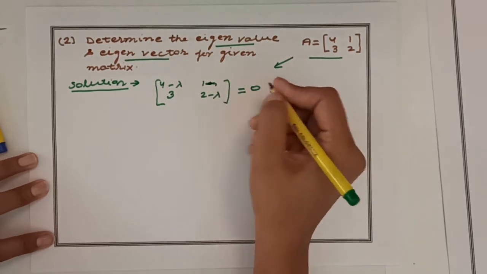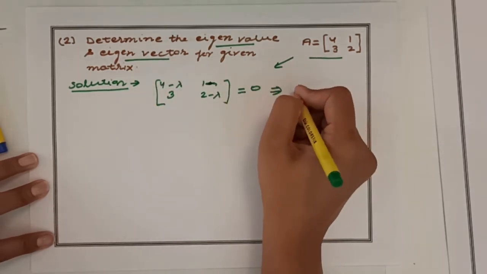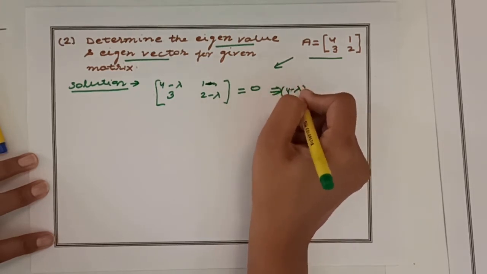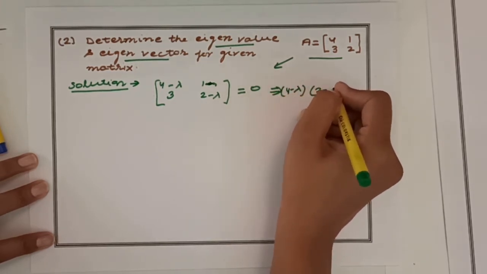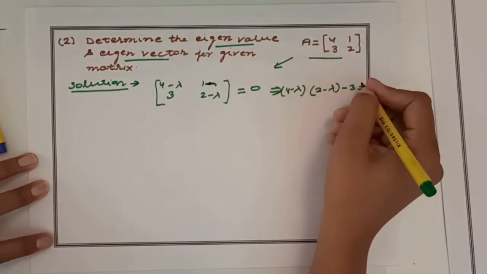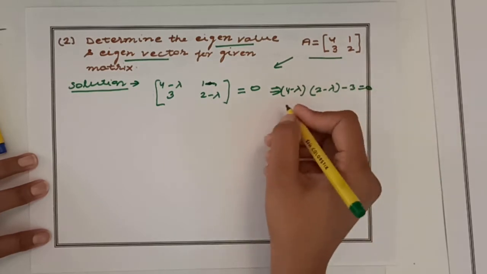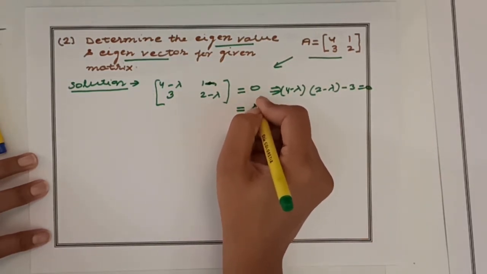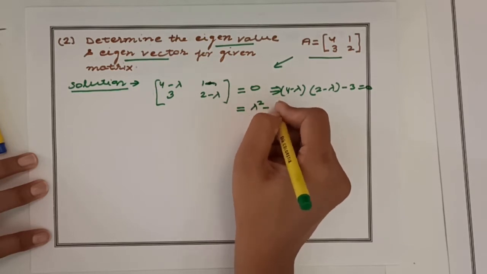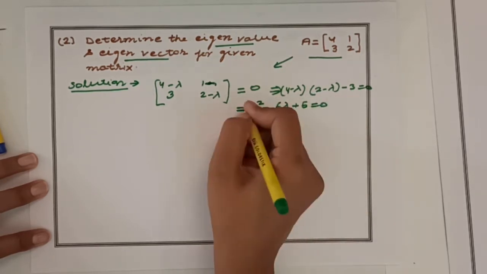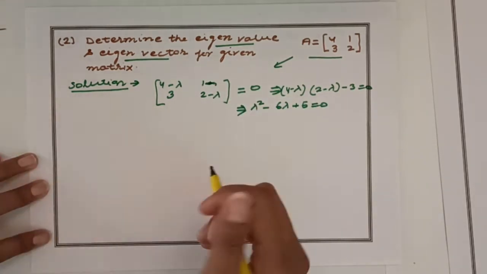If you simplify it, this would be 4 minus lambda into 2 minus lambda minus 3 is equal to 0. So here the characteristic equation becomes lambda square minus 6 lambda plus 5 is equal to 0.